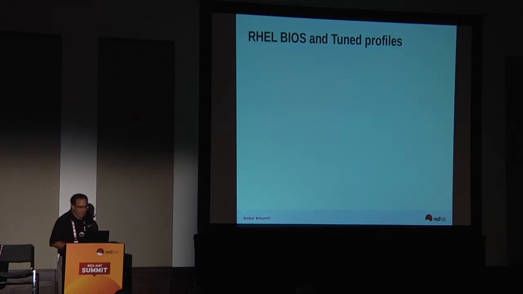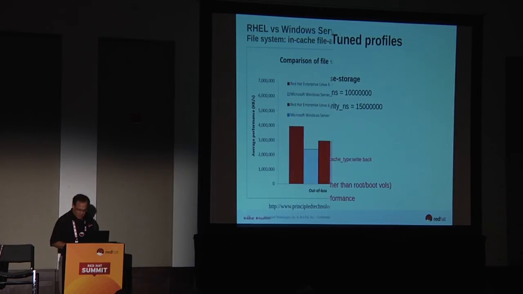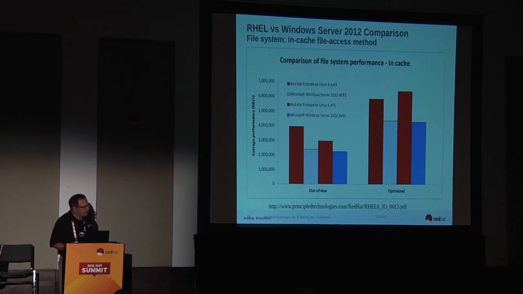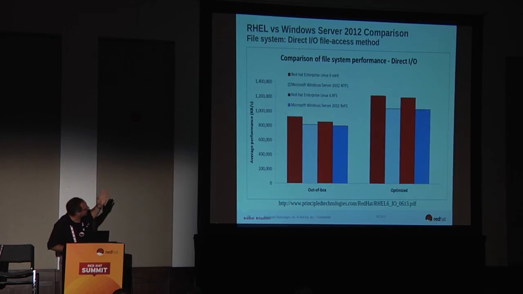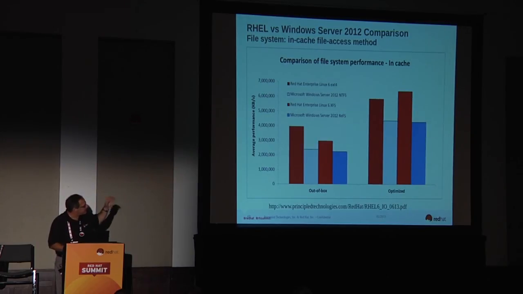Sorry, am I going the right way? Yeah, so this is the in-cache, and this is the out-of-cache. Out of cache, the gain isn't quite as dramatic. Clearly, in-cache, it's a significant improvement by Linux versus Windows 2012, and both NTFS and ReFS, which is their newer file system.